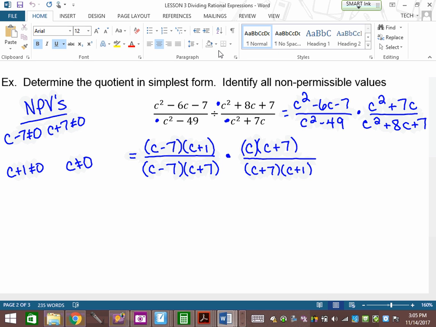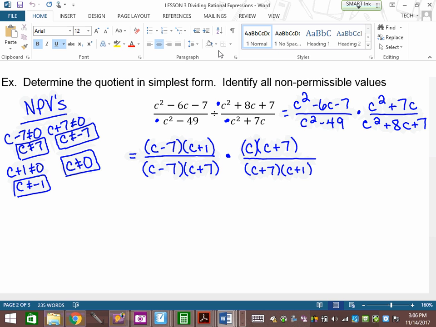And then C +7 can't equal 0, which I've already stated. So I get C can't equal 7 when I solve that one. C can't equal -7 when I solve that one. C can't equal -1 when I solve that one. And this one's already solved. So it's not a lot different than multiplication, right? You just flip and state an extra NPV. Well, extra couple NPVs, but nonetheless.